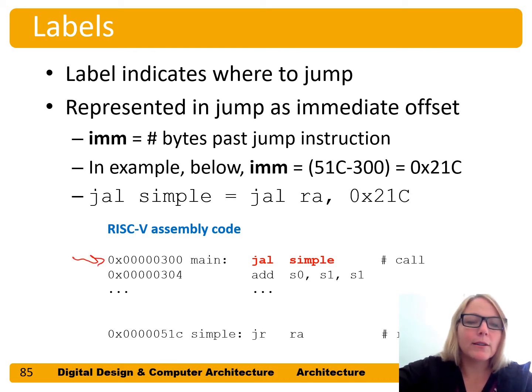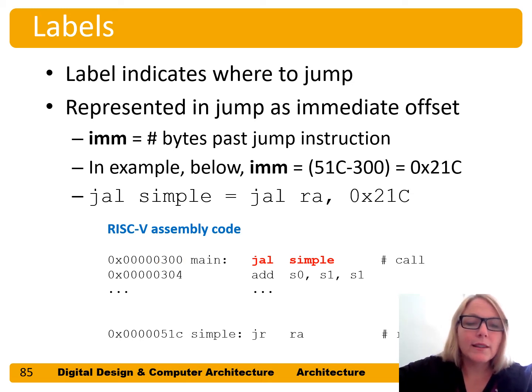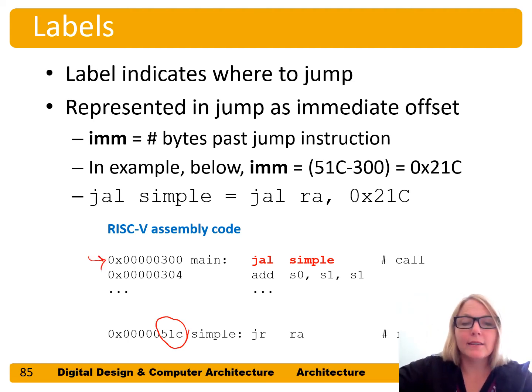So this program counter, when we execute the jump and link instruction, is hex 300. And so we're going to encode, relative to that instruction address, hex 300, how much further away it is. And it's a signed immediate, so it could be a positive or negative number, right? We could jump forward, from lower to higher addresses, or we could jump backwards to lower addresses.